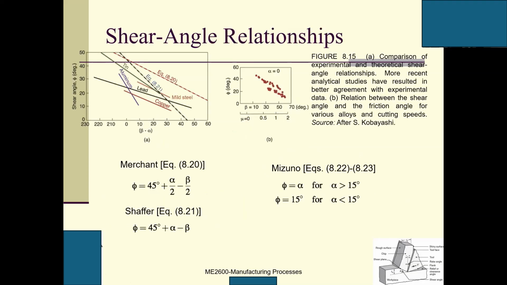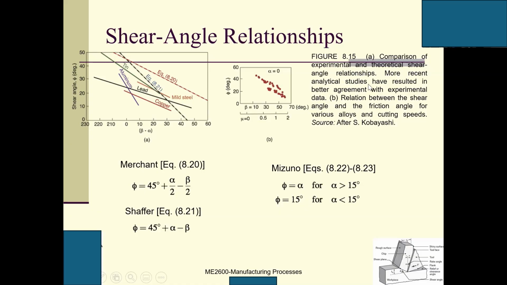So, shear angle relationships. These are empirical equations. They are not very accurate. If you want accuracy, you need to do modeling or do the experiment. So here is the comparison of experimental and theoretical shear angle relationships.